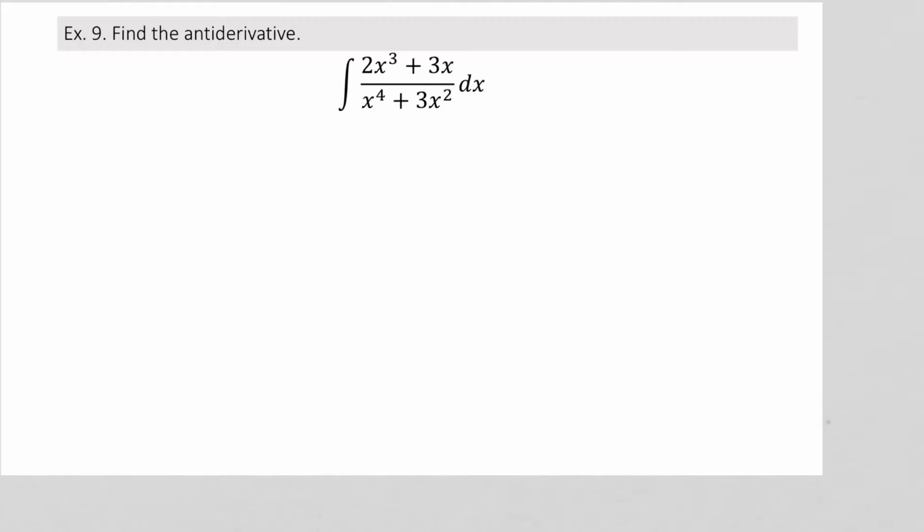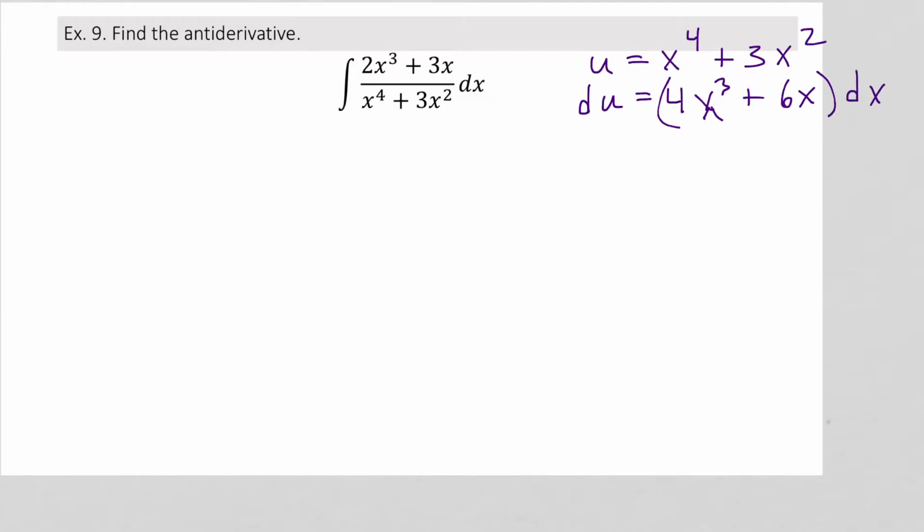So let's just say u is equal to x to the 4th plus 3x squared. And then du would be 4x cubed plus 6x dx. So then if I look at the form of my integral, I've got 1 over u. This we're saying is u.